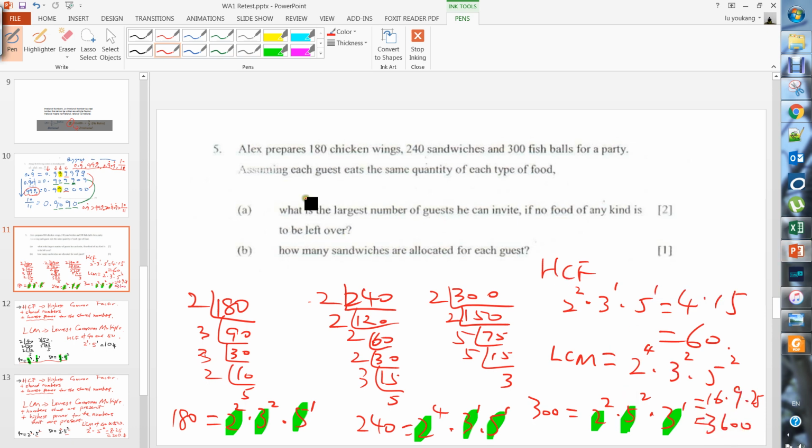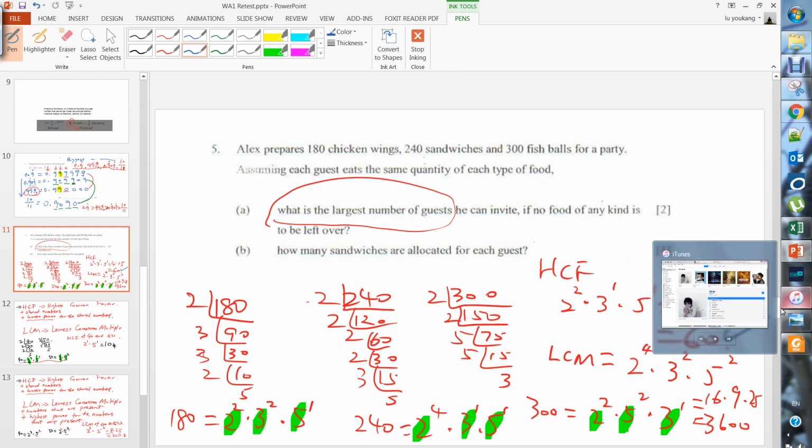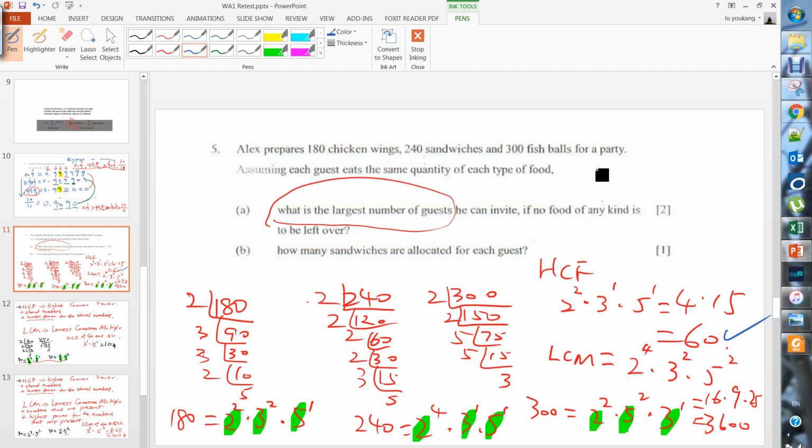So over here, if you look at it, what is the largest number of guests he can invite? You should choose the HCF, 60. The reason is, if you choose the LCM, which is 3600, that is way larger than the 180 chicken wings and 240 sandwiches and 300 fish balls that you can feed.